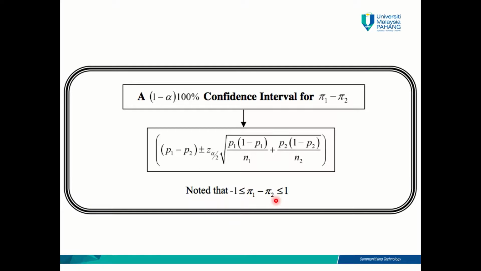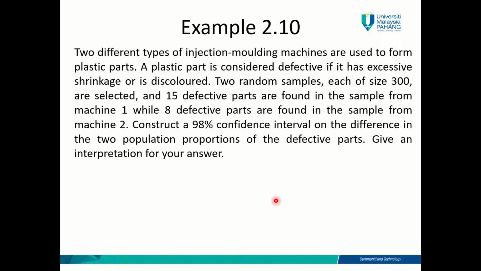Now let's look at one example. Example 2.10. Two different types of injection molding machines are used to form plastic parts. A plastic part is considered defective if it has excessive shrinkage or is discolored.